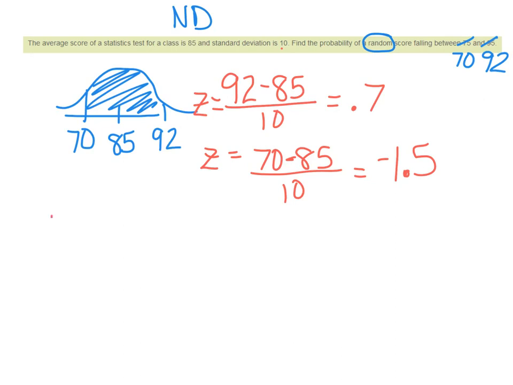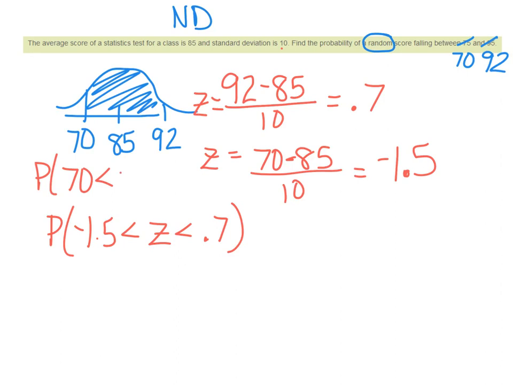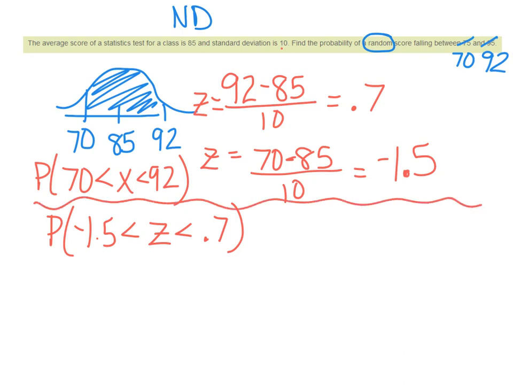So now we've got the probability that z is between negative 1.5 and 0.7. Before, we had the probability that x was between 70 and 92, but now we're in the world of z's. So we are going to look up area to the left of 0.7 and area to the left of negative 1.5.